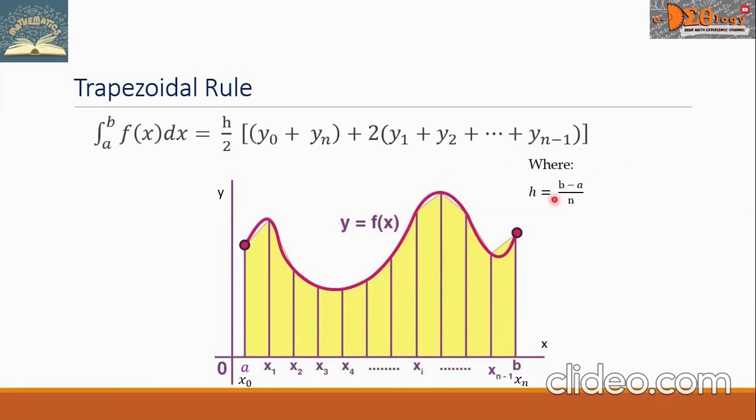In this formula, h or the equal width is equal to b minus a over n, while n is the number of equal parts or the number of trapezoids between a and b.